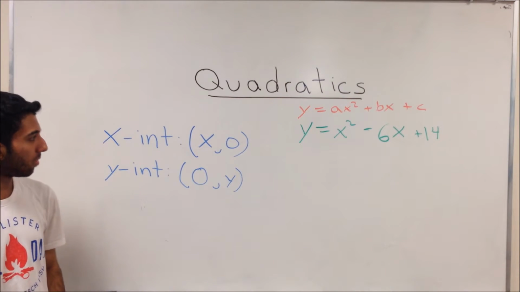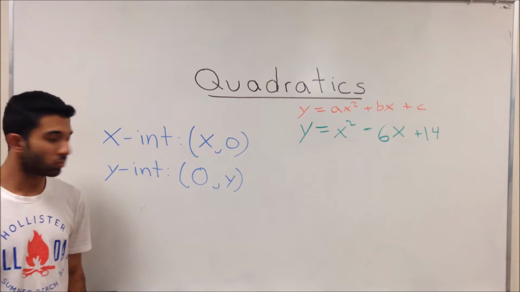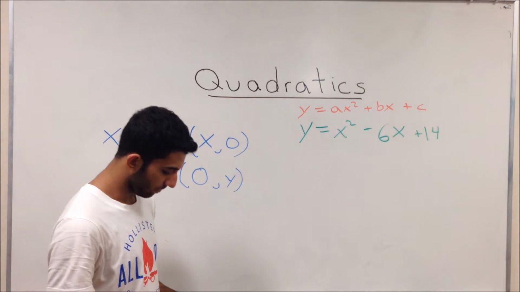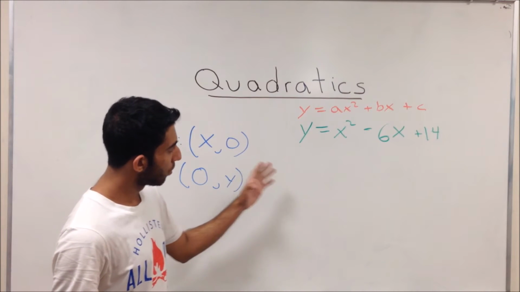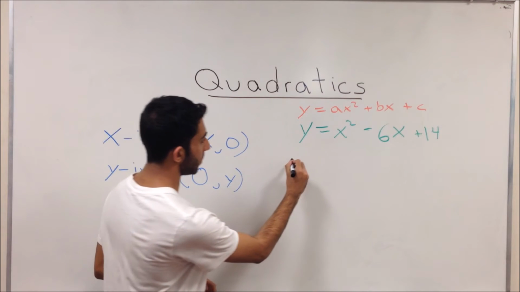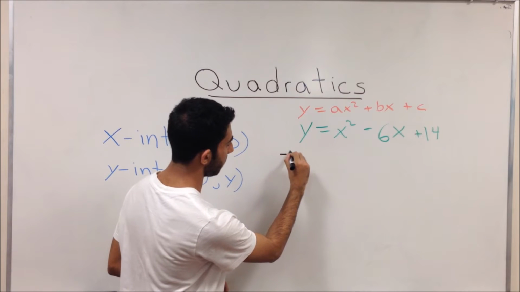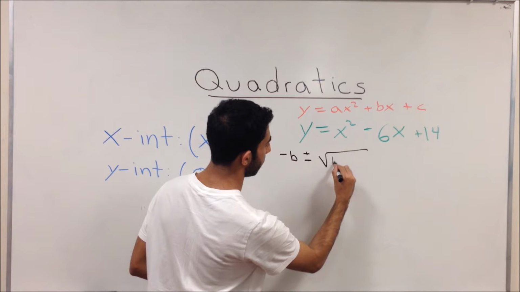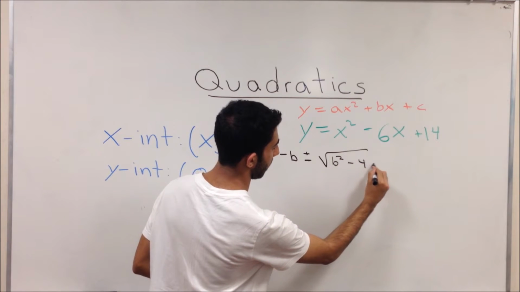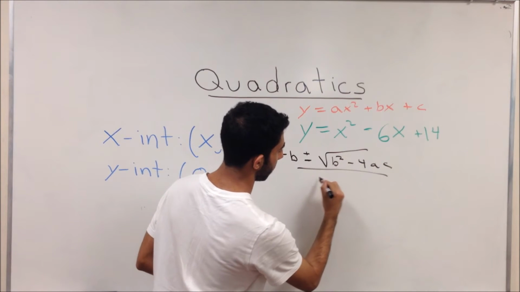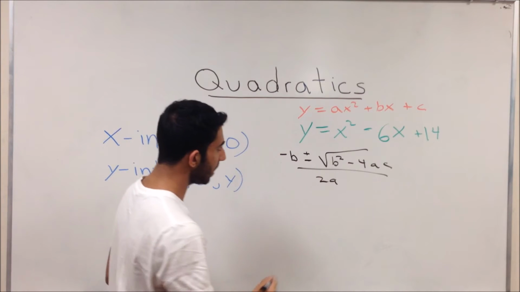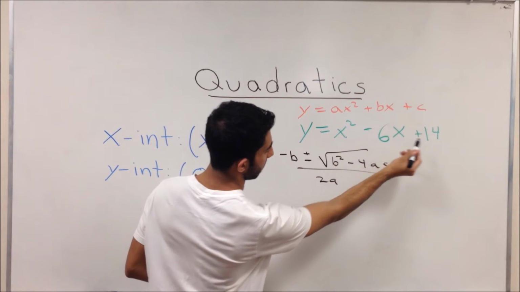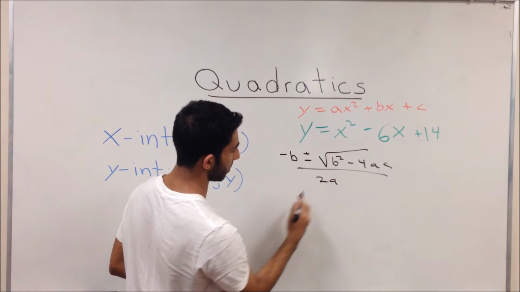Now I will be teaching you how to solve for the x-intercept as well as the y-intercept. As you see in the example above, in order to find the x-intercept, you will have to use the quadratic formula: negative b plus or minus the square root of b squared minus 4ac, over 2a. What you will do is bring the a, b, and c into this expression.